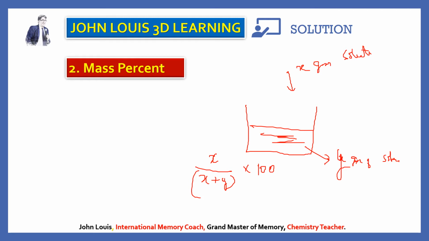Is it clear? x is the mass of the solute, y is the mass of the solvent. So what is the total weight of the solution? x plus y. In x plus y grams of the solution, the weight of the solute is just x gram. Therefore, if the weight of the solution is 100 grams, how much mass of the solute will be required? That will be the mass percentage of the solute.